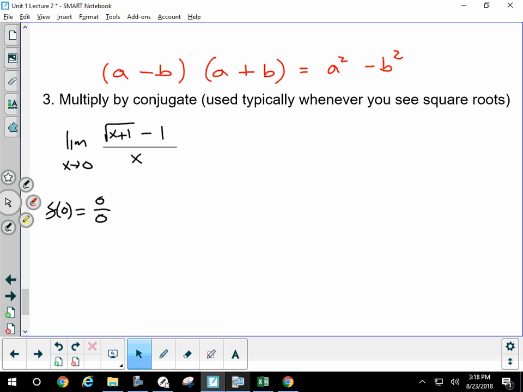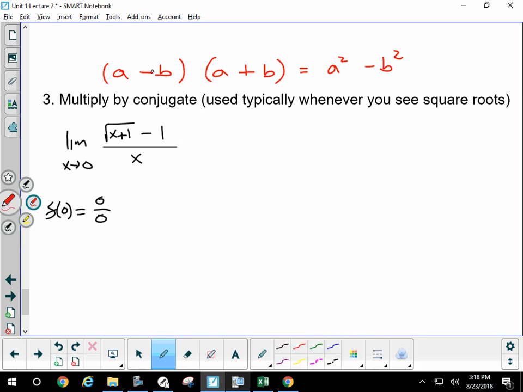So I'm going to multiply the top and the bottom, because it's a version of 1, by the conjugate. Now, where people make mistakes here is they think the conjugate is whatever's inside the square root, and they multiply by x minus 1. Root x minus 1. But that's not the conjugate we are looking for.